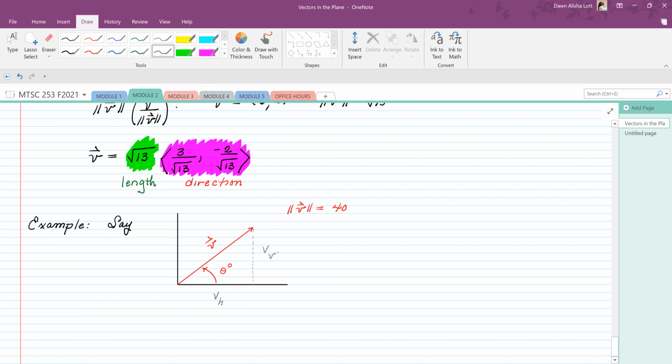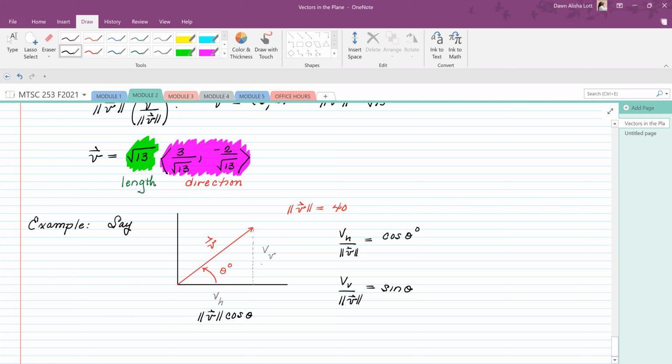Okay, so now if I take V horizontal and divide by the length of V, I will get the cosine of 30 degrees. So that lets me know that this side down here is the length of V times the cosine of theta. And if I take V vertical and divide by the length of V, that is the sine of theta.